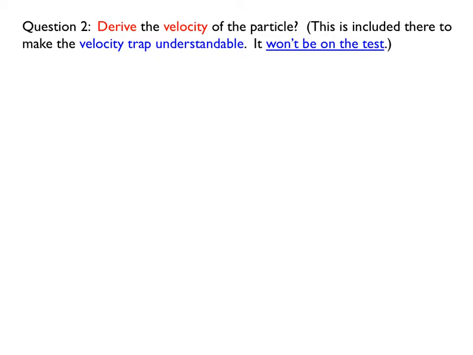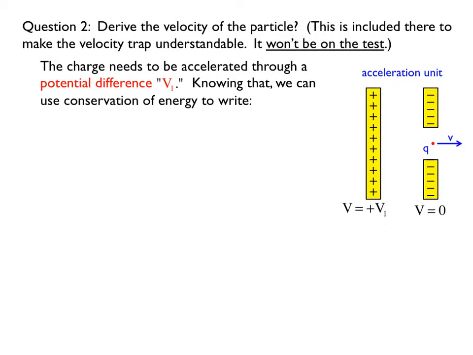This question won't be on the test, but it will allow you to understand how the particle picks up the velocity that it has, how you can derive that velocity, and more importantly, why it's necessary to have a velocity trap in the system. So I'm fairly sure that in real spectrometers, the particle is singly ionized by plinking off an electron, leaving it electrically positive.